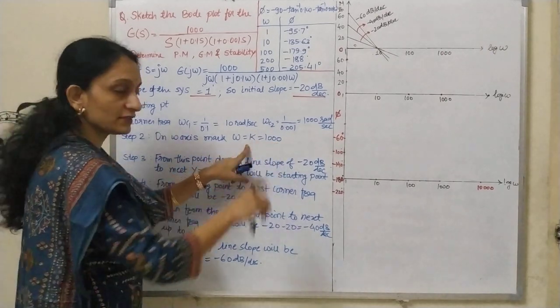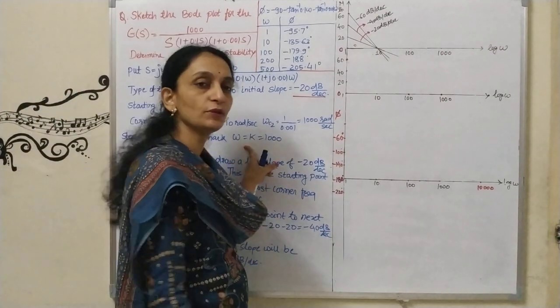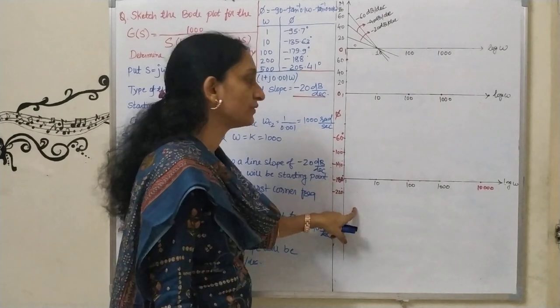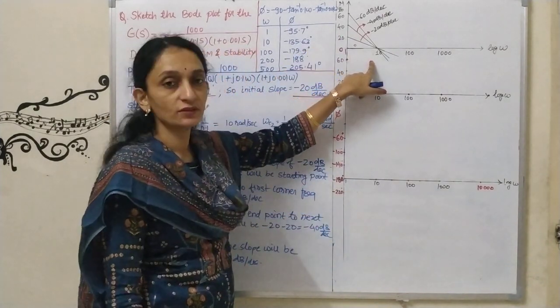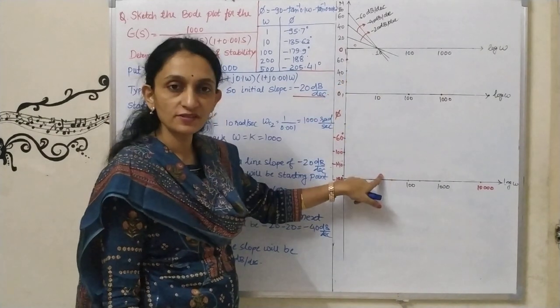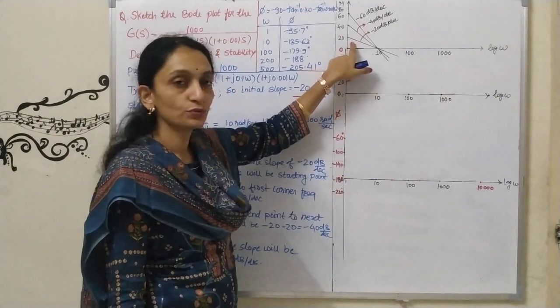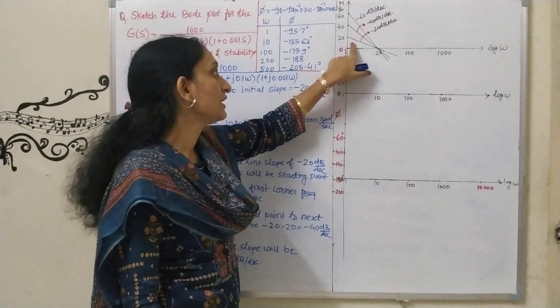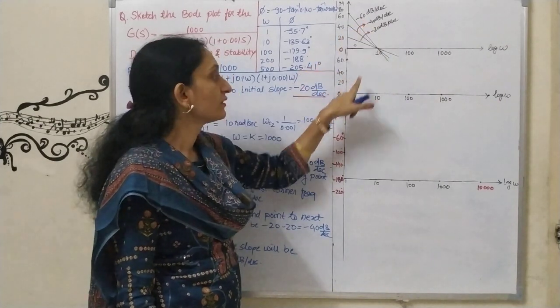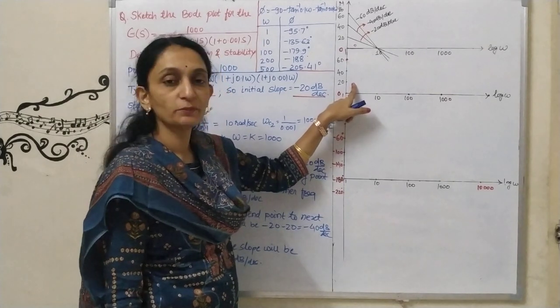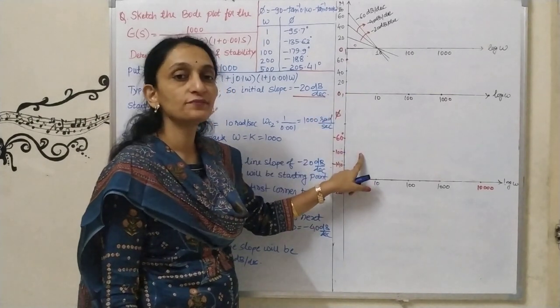Again, by the same method I will draw the semi-log magnitude plot and the phase plot. In the last numerical I told you that you need to divide the semi-log paper into 3 parts. The first part you show with the line slopes of minus 20, minus 40, minus 60. The next part is for the magnitude plot and this is for the phase plot.